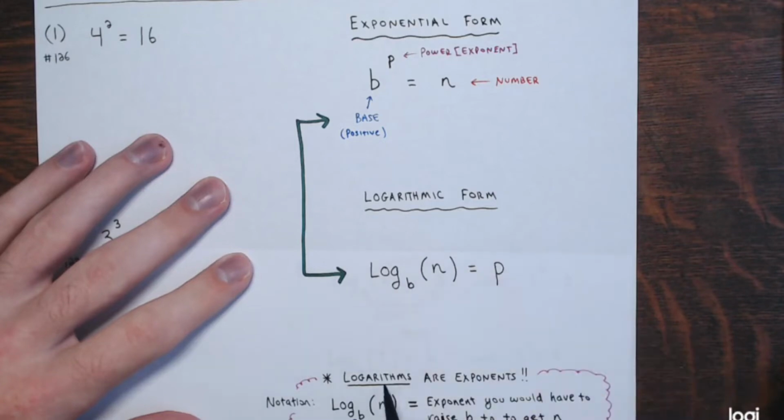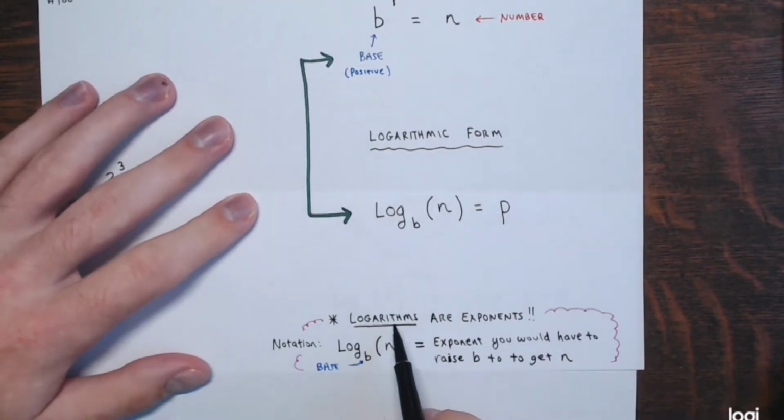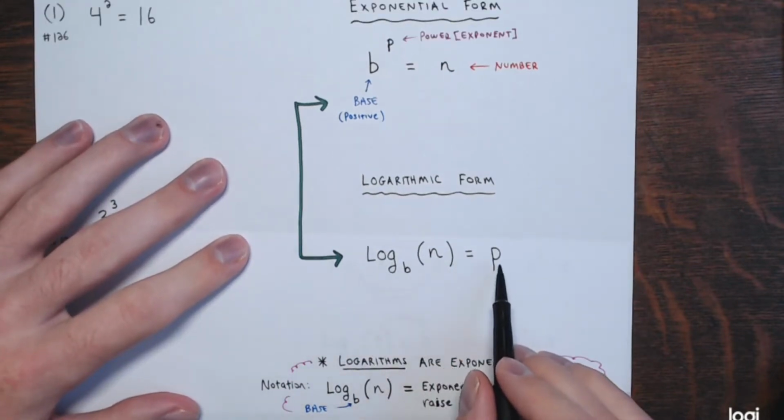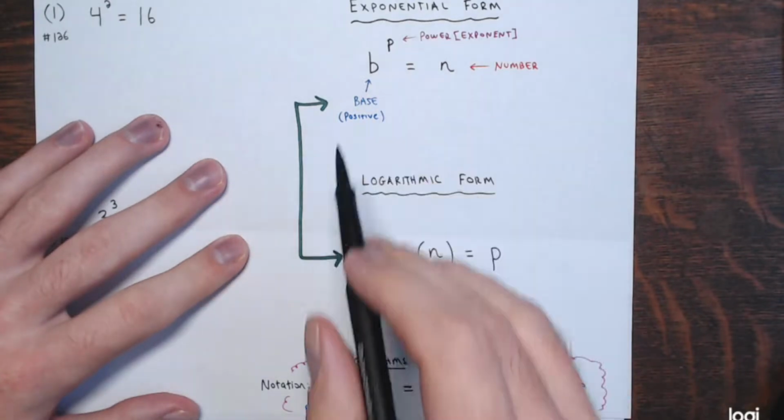And that's what I've been saying right here. Logarithms are exponents. The logarithm should be equal to a number that was a power in exponential form.